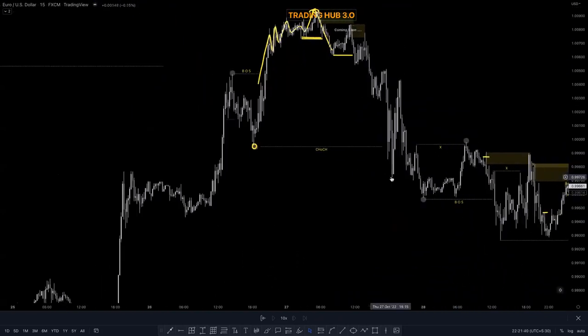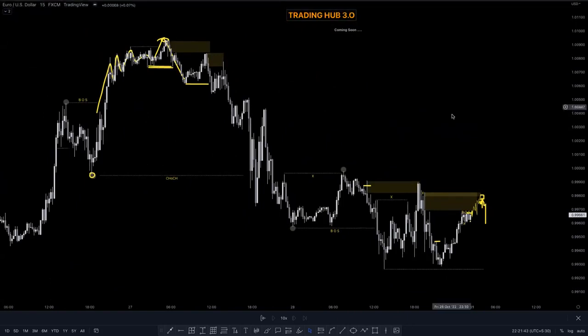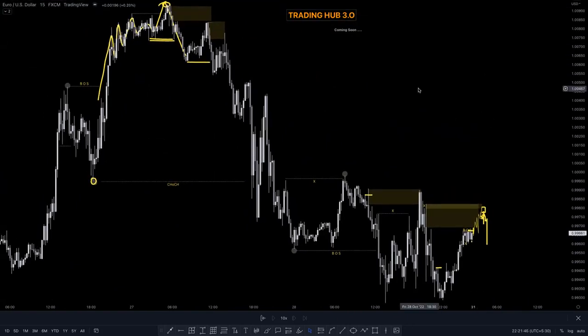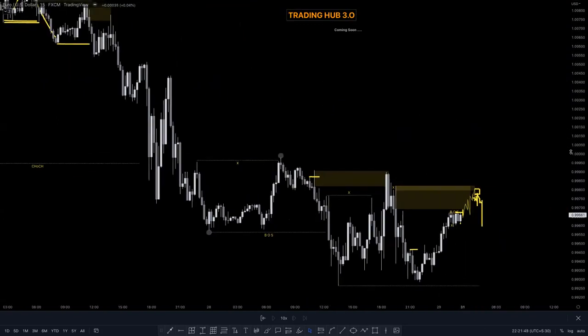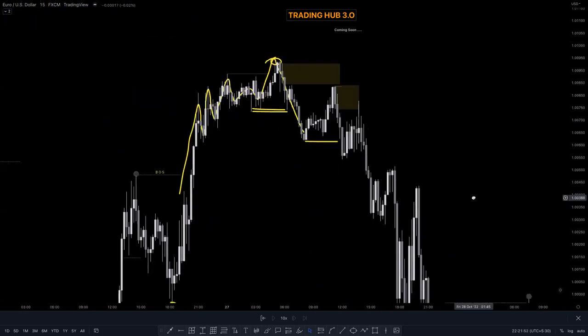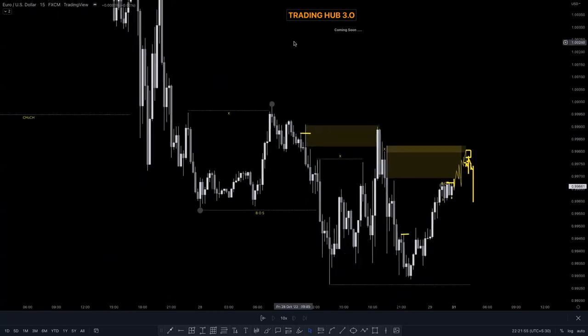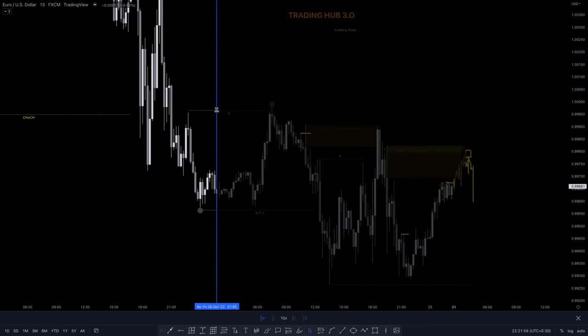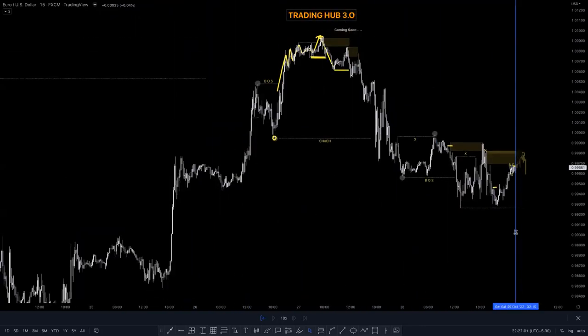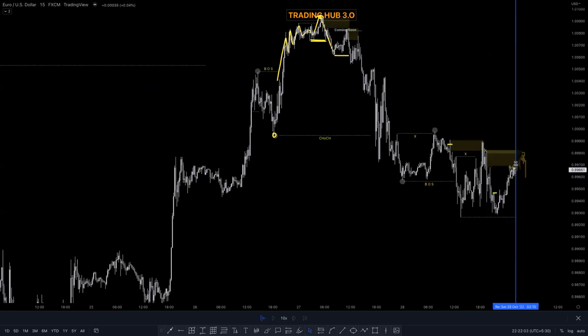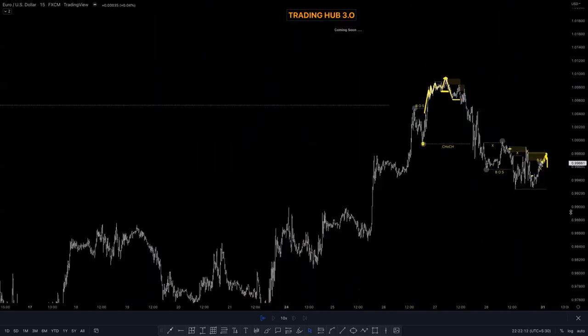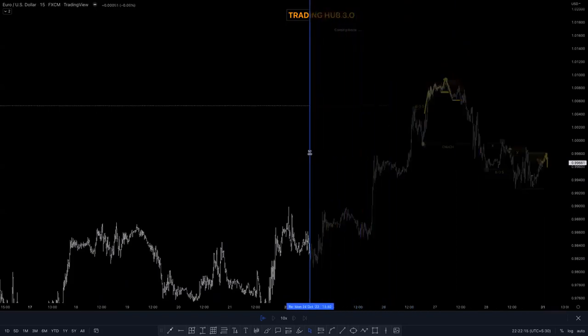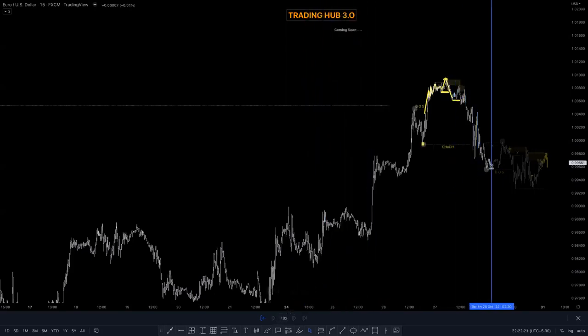Let's backtest some quick part, then after that I will finish this one. You can do any part here. Session high or low, same thing.